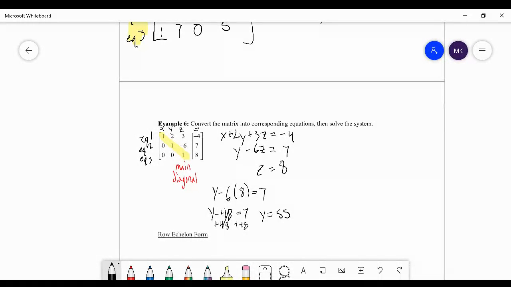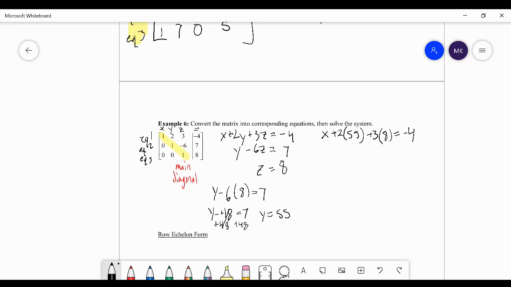So now the next equation we have, notice x here has a coefficient of 1, so that's really nice. We get x plus 2 times y, which is 55, plus 3 times z, which is 8, and that equals -4.